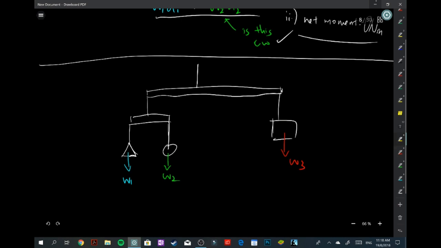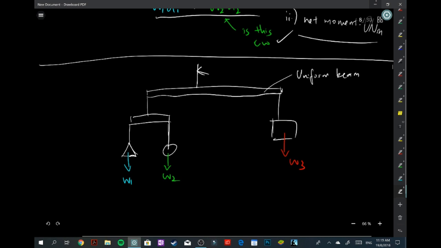If the question never mentioned that this string here, or the pivot here, is being centered at the middle of the uniform beam. First thing first, this must be a uniform beam.